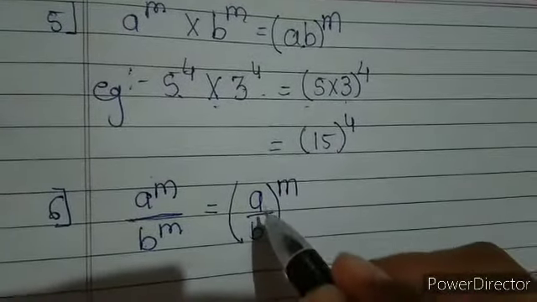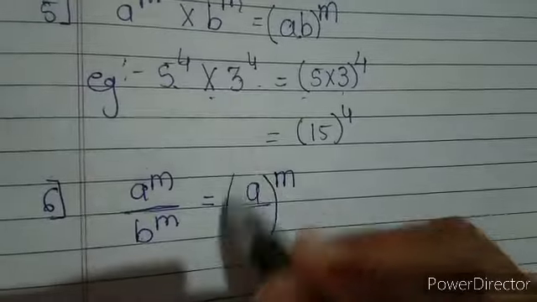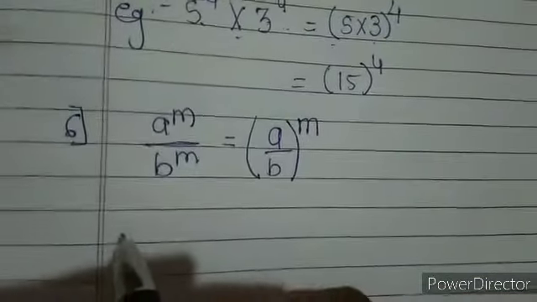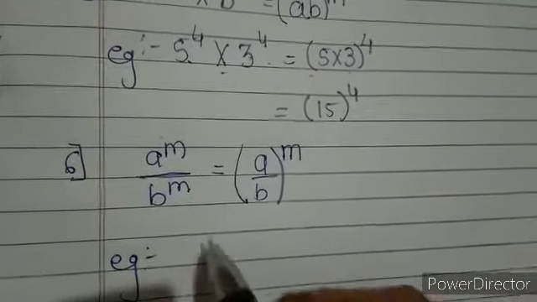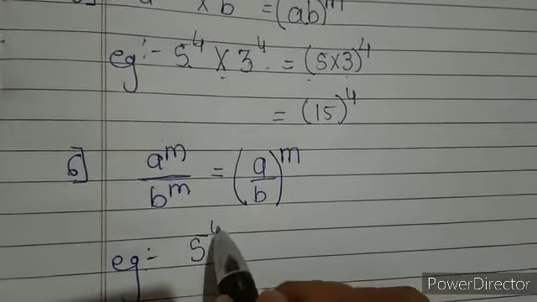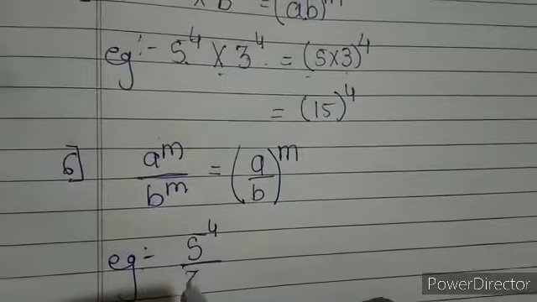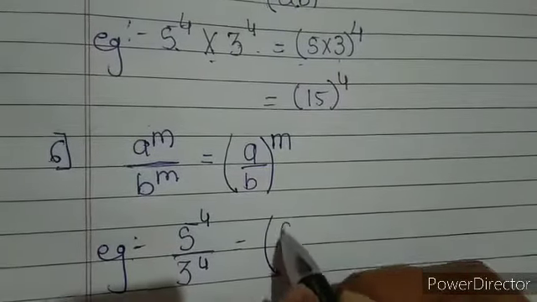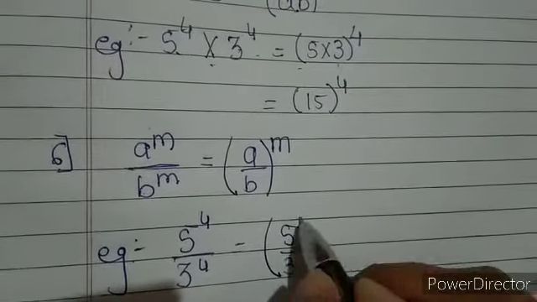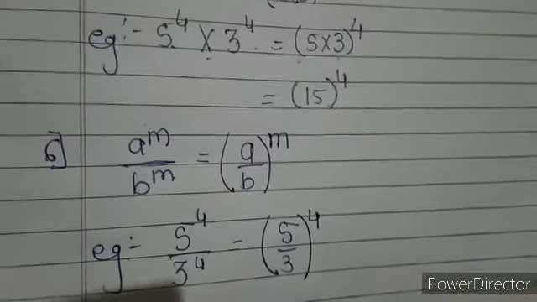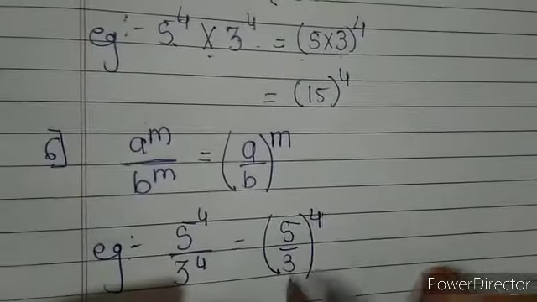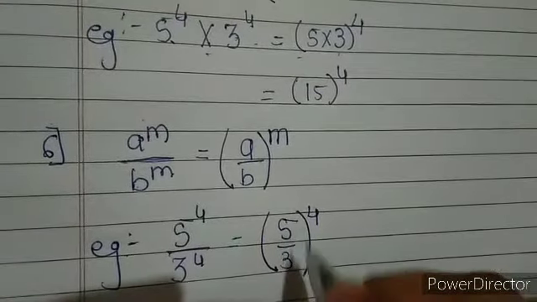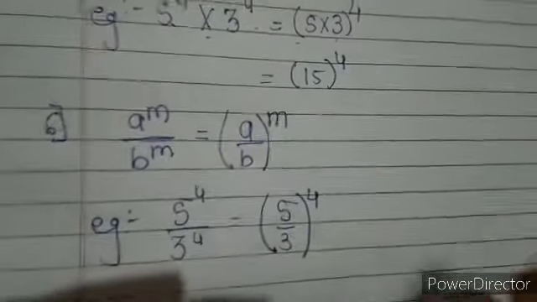Write the bases a upon b, keep them in one bracket and take the index commonly. The example is again the same example, 5 raised to 4 upon 3 raised to 4. Take 5 upon 3 in one bracket and write the index commonly one time. 5 is not divisible by 3, so you can keep it like this only, and raised to 4 means you can multiply 5 upon 3 four times.